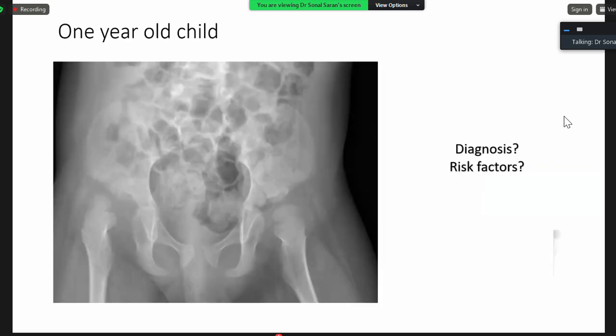Next case. It's a case of a 1-year-old child. What is the diagnosis and what are the risk factors? Okay, we have some answers here.